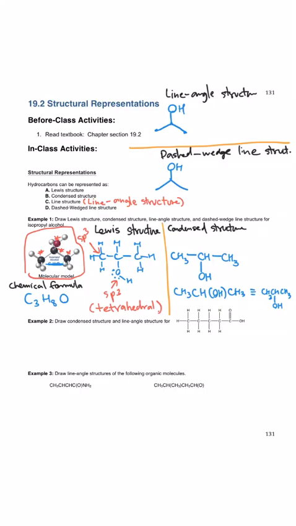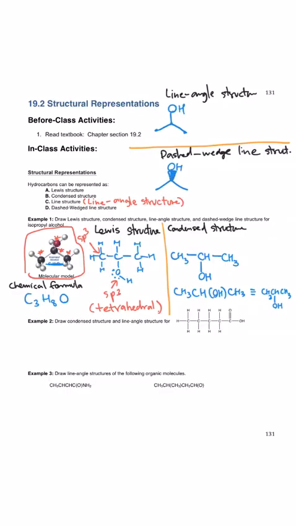But looking at this carbon right here connected to the OH group, that's sticking toward you, toward the paper. And this hydrogen right here is sticking away from the screen. So the orientation of these two groups can be represented by the dash line and wedge line. The wedge line represents things sticking out toward us.